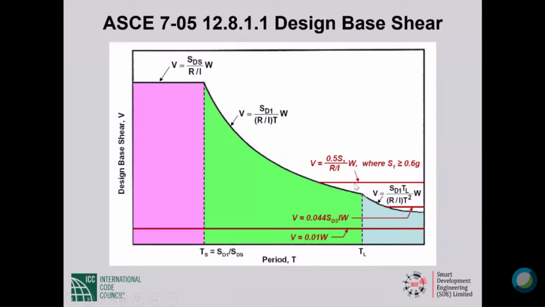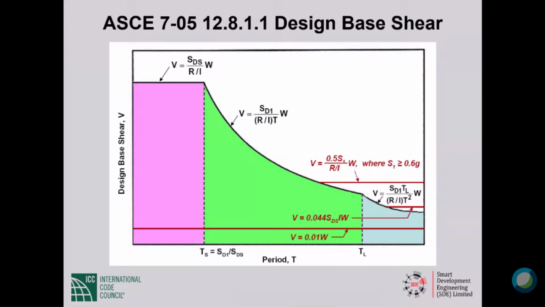There is another minimum that applies where the long period ground motion equals or exceeds 60% of g. In Bangladesh, you do not have that, so let us not talk about that. Okay, so 4 modifications. The ramp is eliminated, the flat top goes all the way back to 0 period.